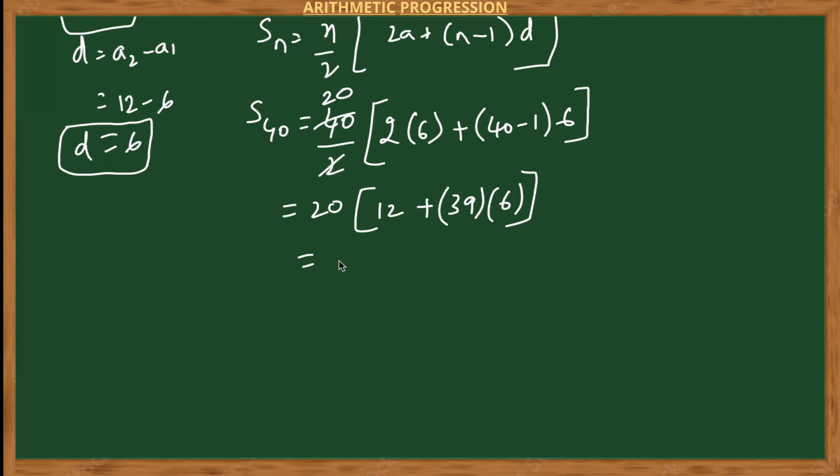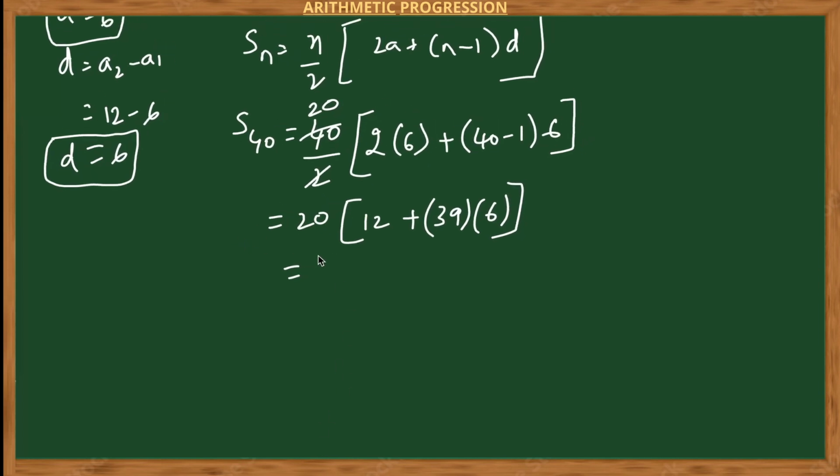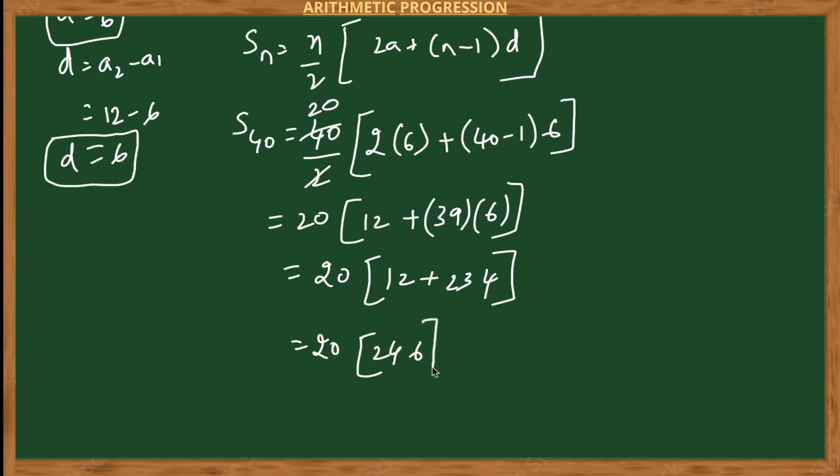Okay, so let's further simplify it. 20, 12 plus 39 multiplied by 6, you will get 234. Further adding this, we'll get 246.